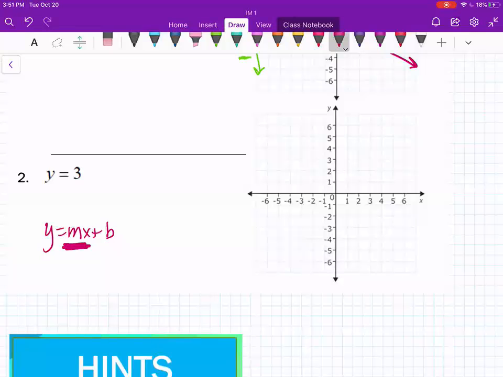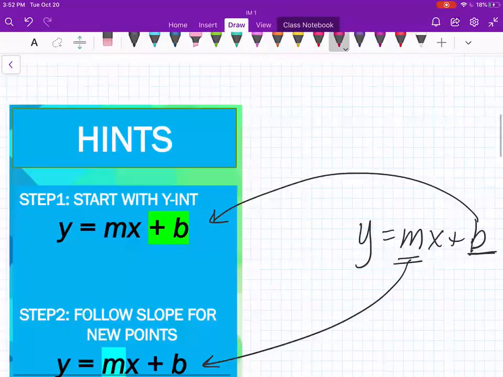All we have is y equals 3 at every point. When x is 0, y is 3. When x is 2, y is 3. When x is -4, y is 3. Y is 3 at every point, so we have a horizontal line, y equals 3. All right.